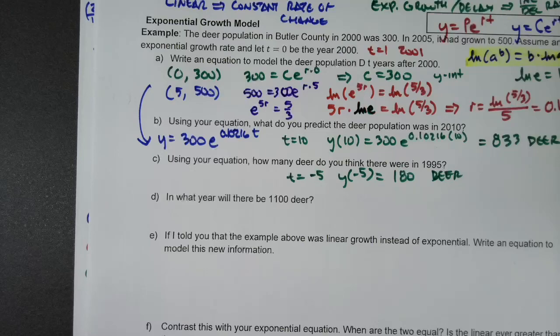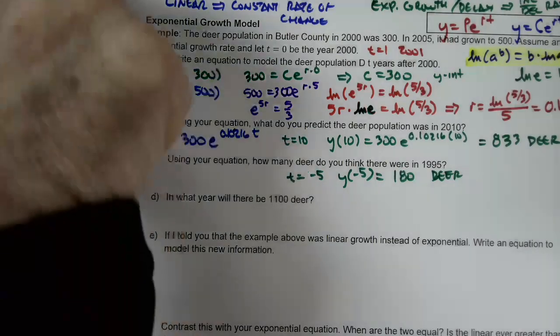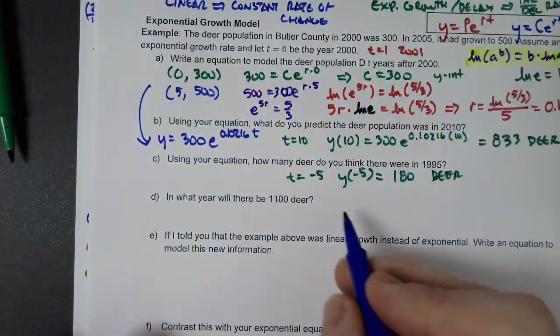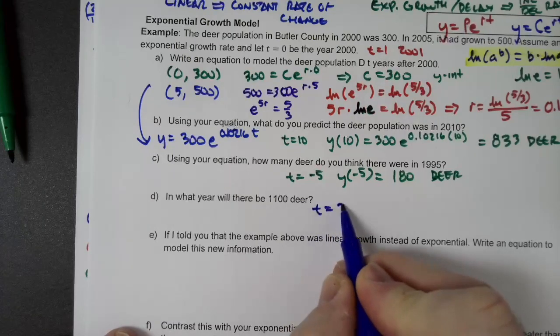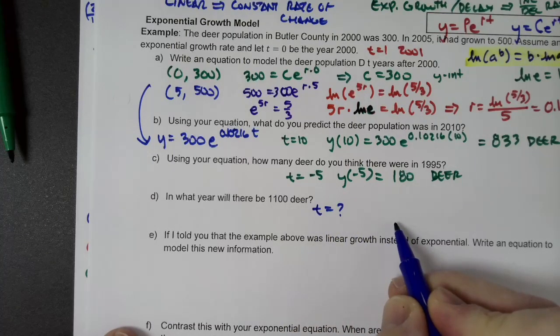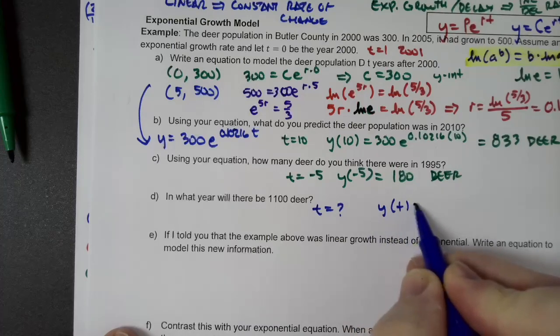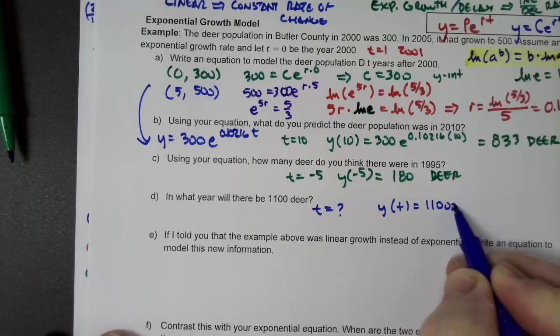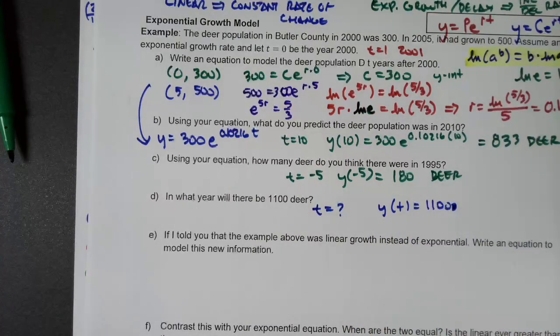And then it says, in what year will there be 1,100 deer? So again, this is a time that we're looking for. We want to find that time when we equal 1,100 deer.